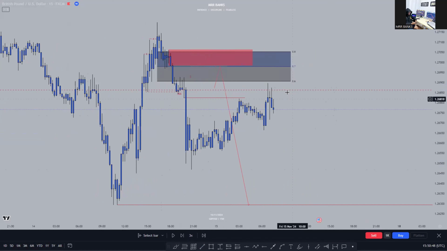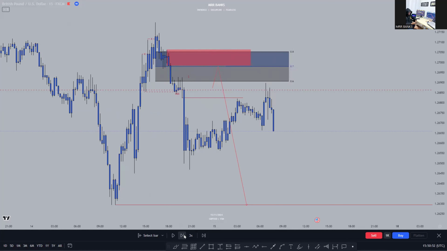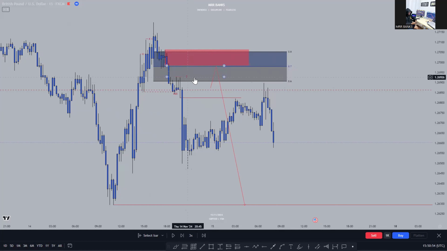So price came all the way up here, showed some selling pressure, but we knew we had liquidity resting right above here, which price has to come all the way up to take before we look for any selling opportunity.